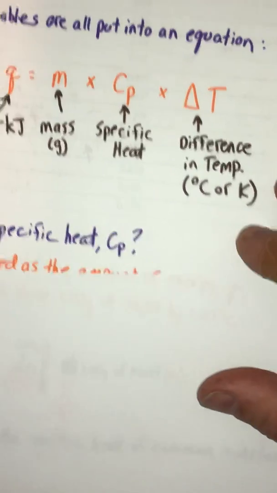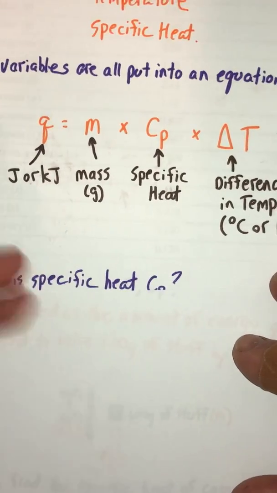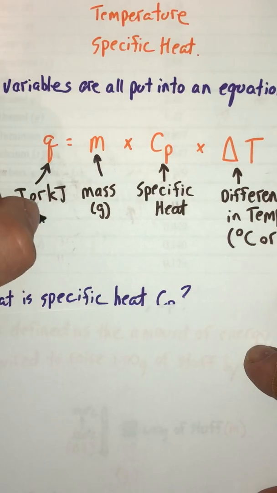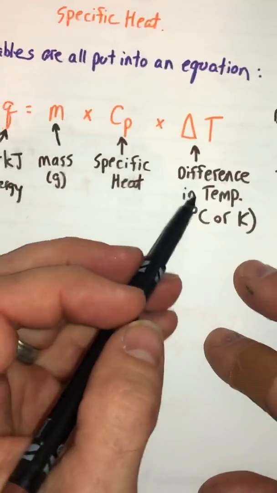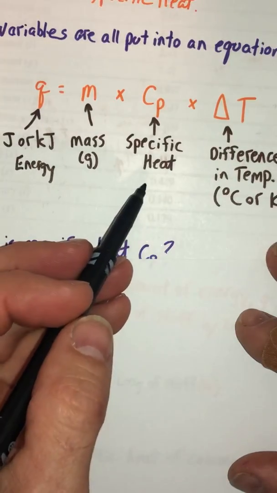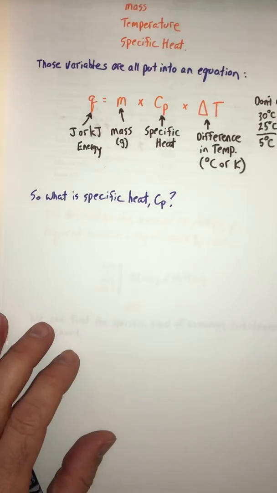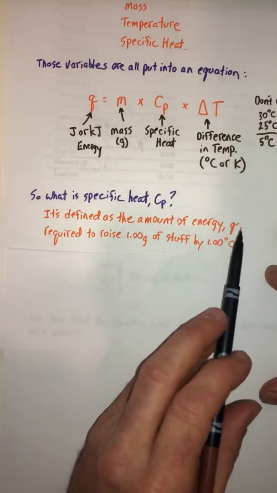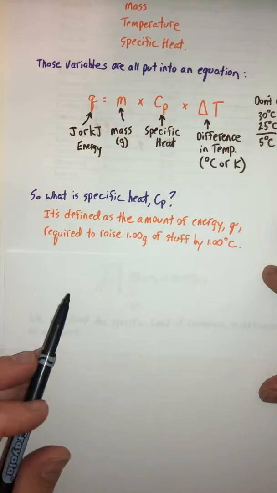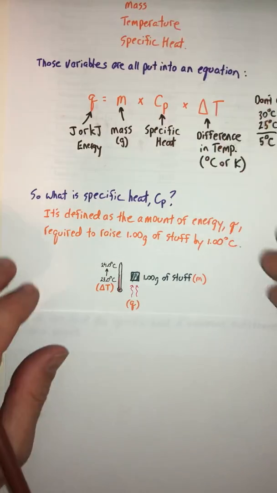Okay, so we should be familiar with energy in joules or kilojoules, with mass from a scale, and temperature. So what is specific heat? So here's what it's defined as: the amount of energy, which is Q, required to raise 1 gram of stuff by 1 degree Celsius. So here's a visualization of that.